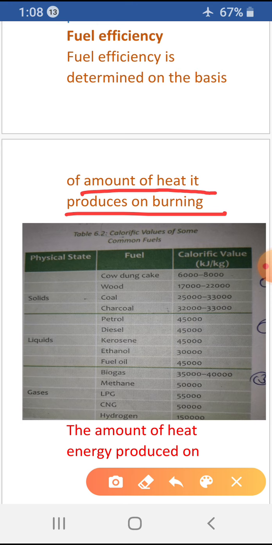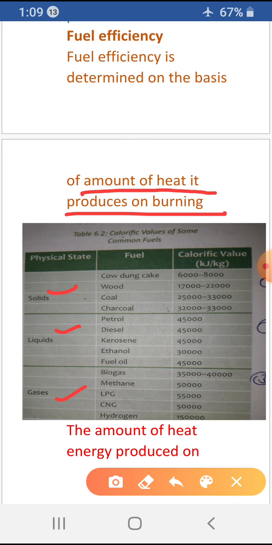Here in this table, you see the three types of fuel and their examples. Solid fuels: cow dung cakes, wood, coal, charcoal. Liquids: petrol, diesel, kerosene, ethanol, fuel oil. Gases: biogas, methane, LPG, CNG, hydrogen.